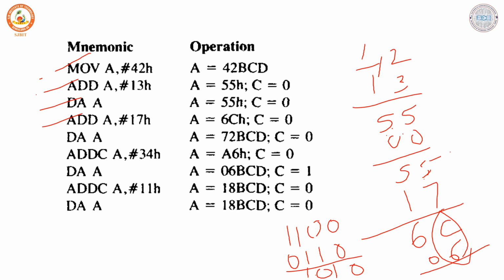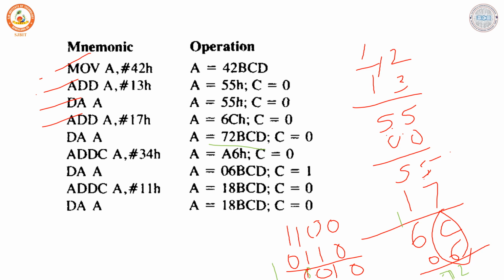When you perform the addition, you get 0010, and there is a carry which is nothing but 1, right? So you get it as 2. This 1 will be added here: 6 plus 1 would become 7. So 6C is now 72 in BCD, right?